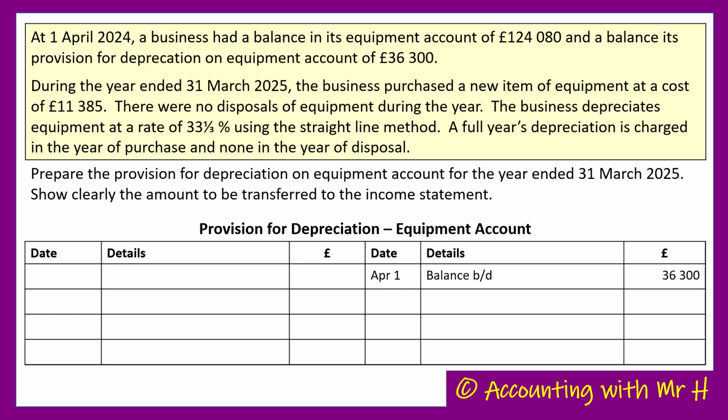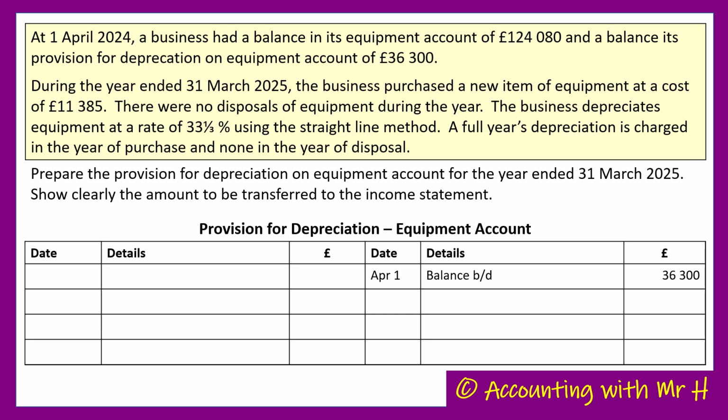And then I just need to consider what's the amount of depreciation for this year. So they've advised us the business wants to do 33.33% straight line, and they depreciate anything they've purchased with a full year's depreciation, no matter when they bought it. So they already had equipment at a cost of 124,080, and then during this year they purchased a further 11,385.